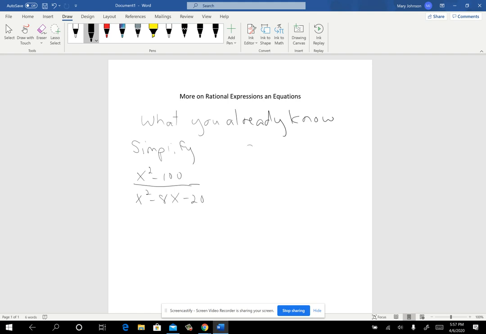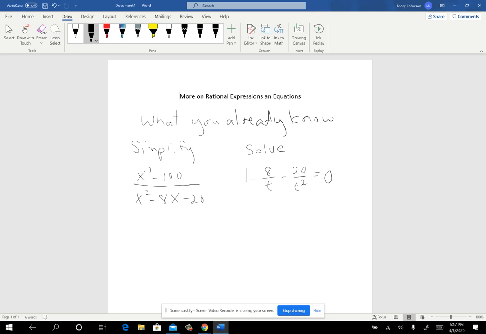And then the other thing I want you to look at is trying to solve an equation like this. You might have something like 1 minus 8 over t minus 20 over t squared equal to 0. So these are some things you already know that are also in this unit.